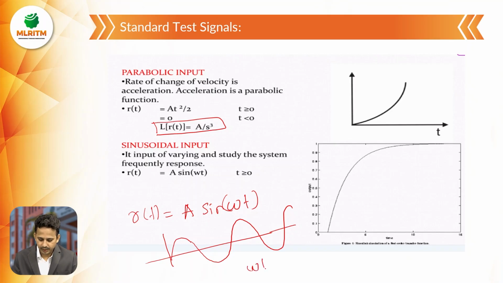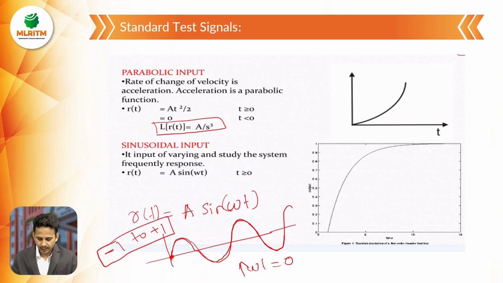Suppose omega t is equal to 0, then it is 0. As omega t increases, the magnitude increases, again becomes 0, then goes negative, again increases to maximum, then 0, then negative. So the sine function exists between minus 1 and plus 1.